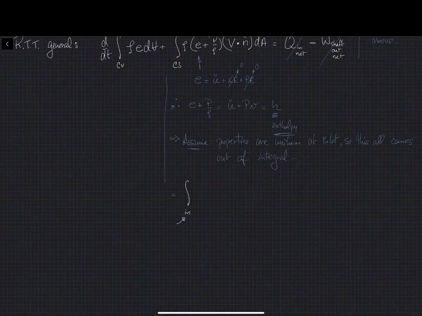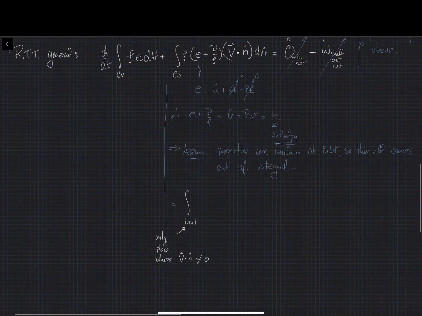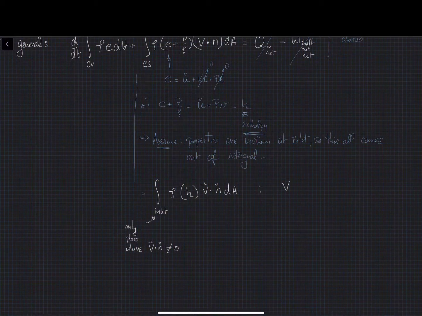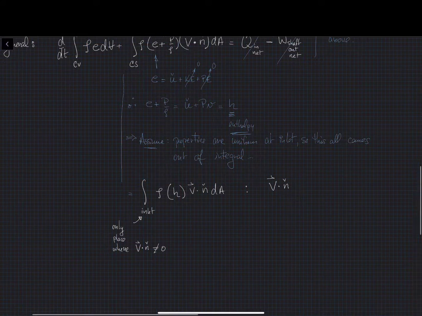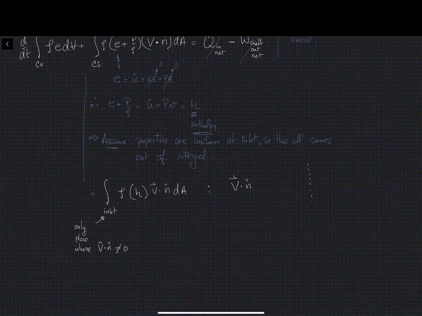And this integral over the entire control surface is really only made up of one important area, and that would be the area where the pipe itself penetrates the control volume. And at that point, I have a velocity that is normal to the control volume surface at that point.